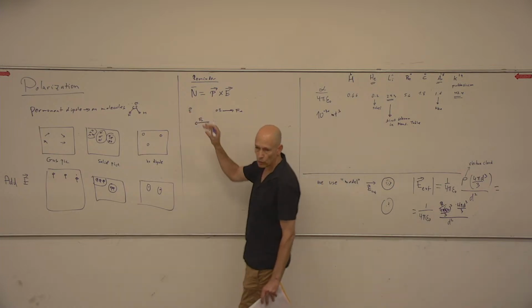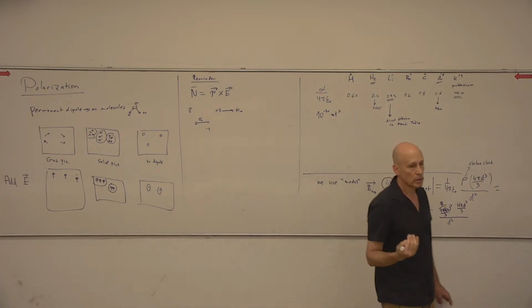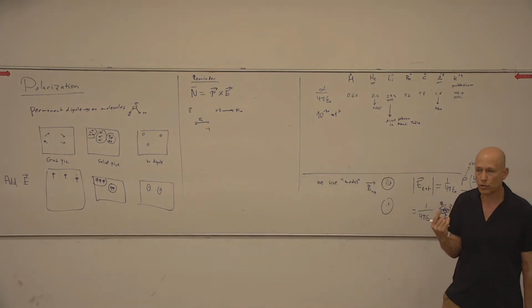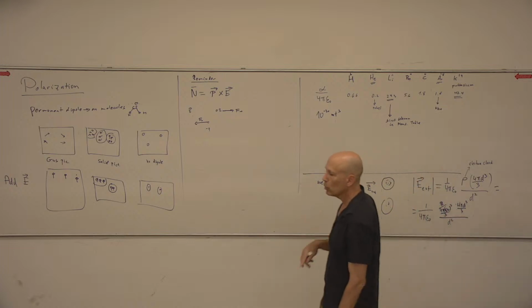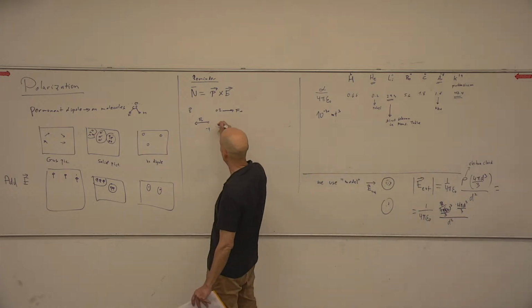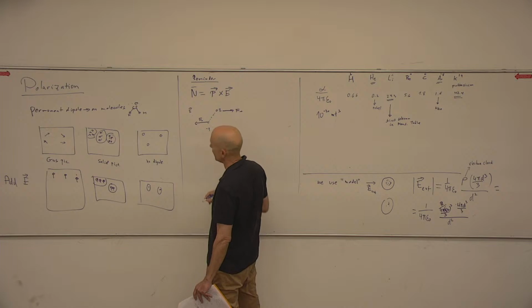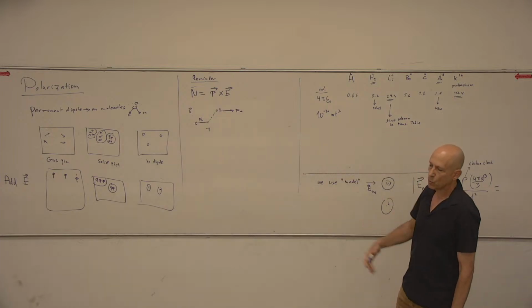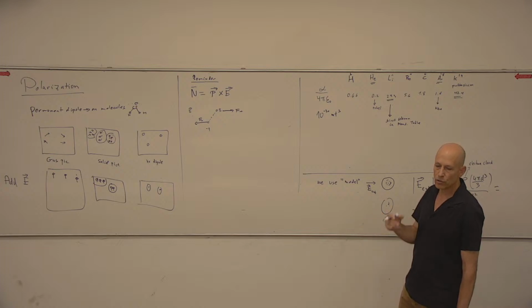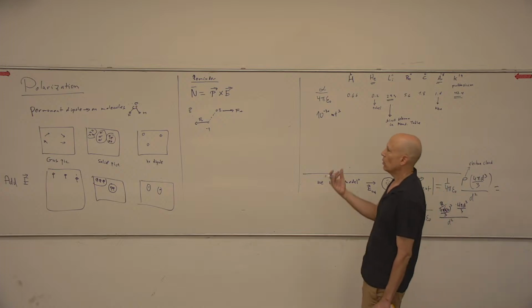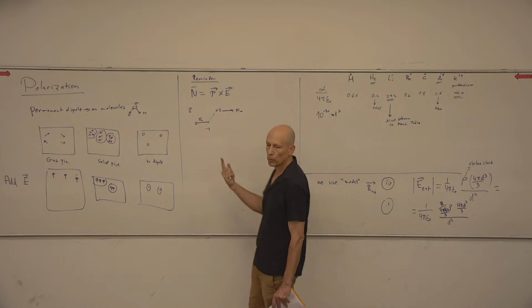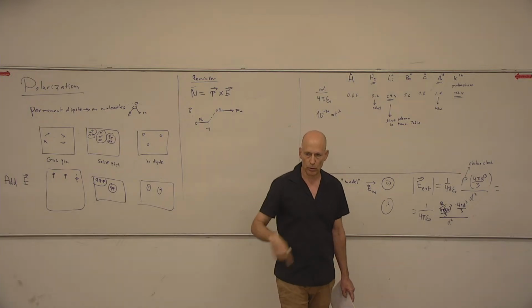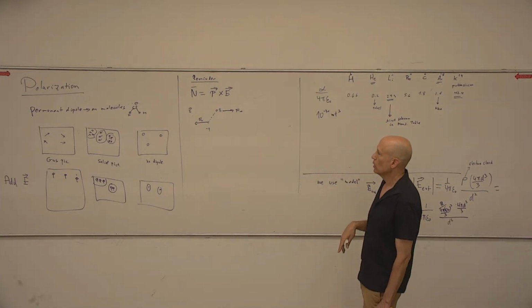If you have this torque, remember, what does the torque do? It's like a force, but what does it change? The angular momentum of this object. So this is this dipole here. So this torque will, if it exists, create a change, like Newton's law, on the angular momentum of this dipole. So it will start rotating if this is constant.